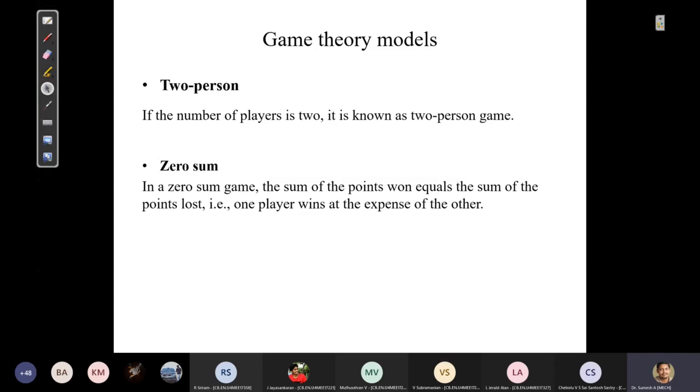And a mixed strategy is something like your opponent is changing the strategy, so it may not be the strategy which you are following. Such a game model is called a mixed strategy game.